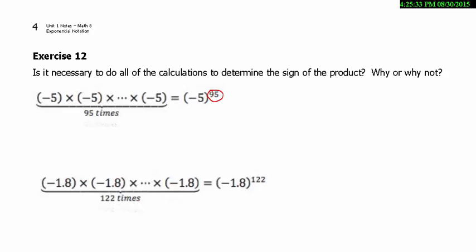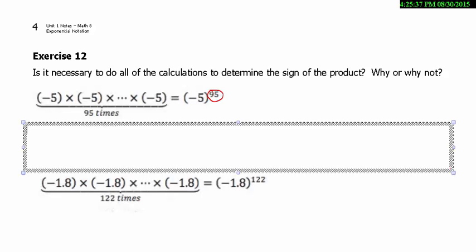So in this case, what I would say is our answer should be no. It is not necessary, and all you have to do is look at the exponent. So in this example, the product is negative because the exponent is odd.